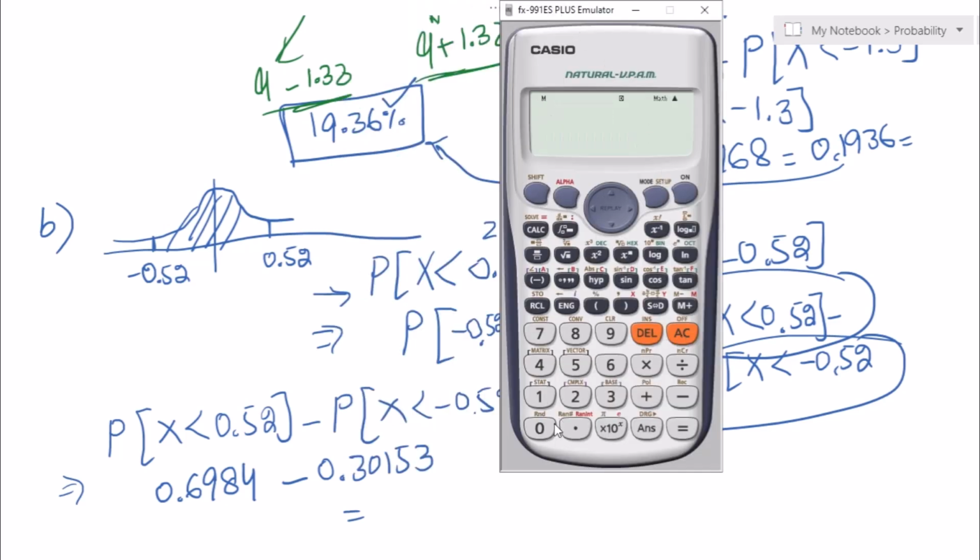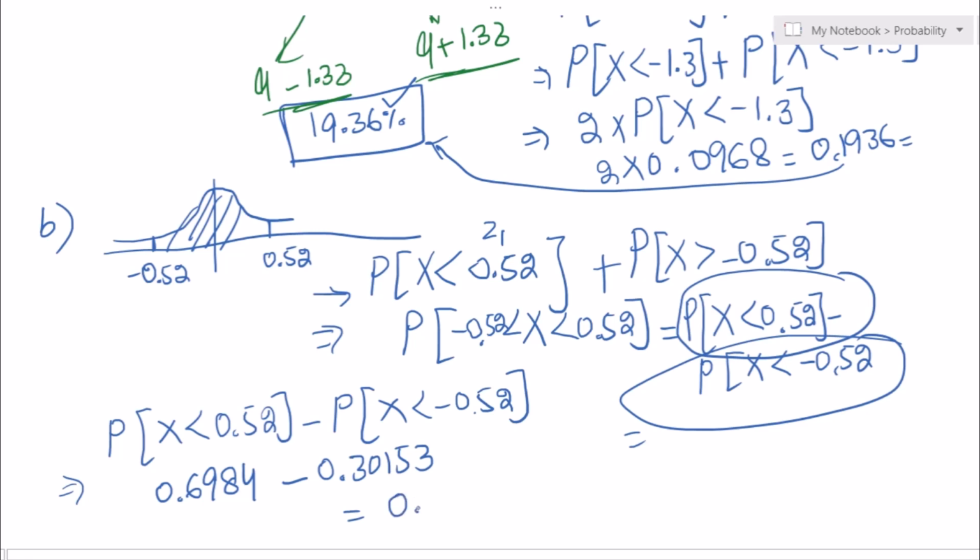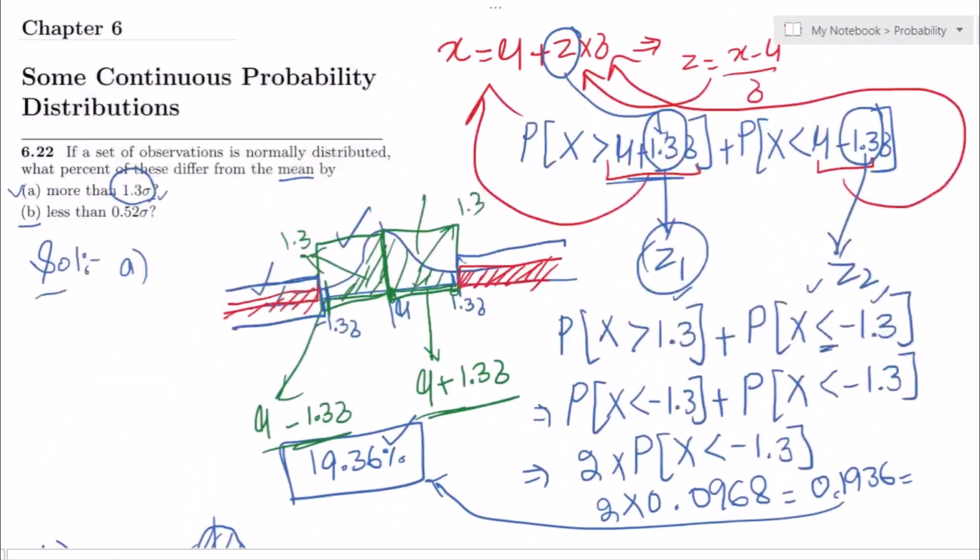It would be 0.6984 minus 0.30153, so this is 0.39687, which is equivalent to 39.7%. Okay, and this is the solution of part B of my question.